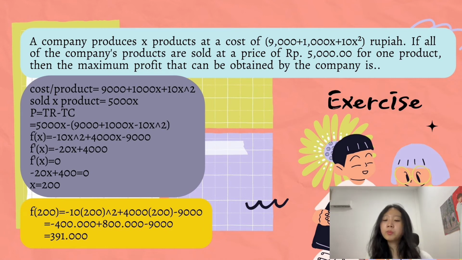So for the maximum profit of the company, if it produces 200 products, f(200) is minus 10 times 200 power of 2 plus 4,000 times 200 minus 9,000, and then it remains 391,000.